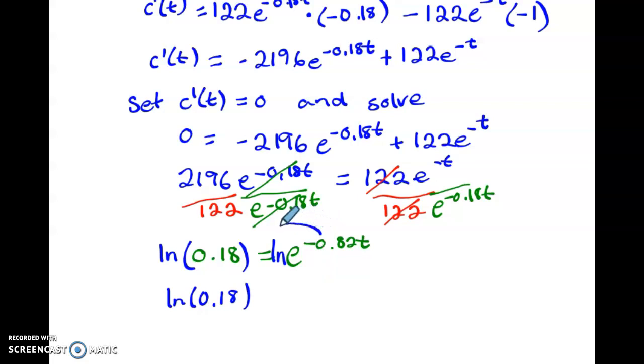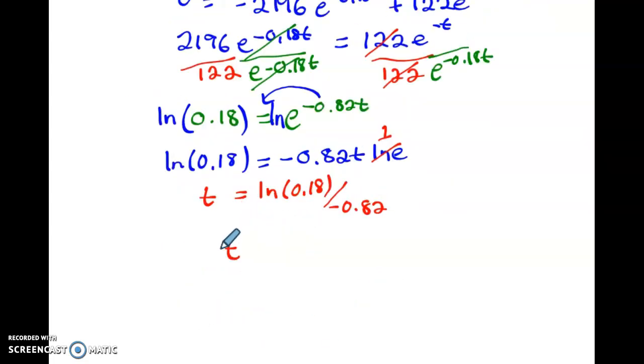And on this side, we can pull down that exponent. Of course, the ln of e is 1, so it's going to go away. Now we can isolate t by dividing by this coefficient.